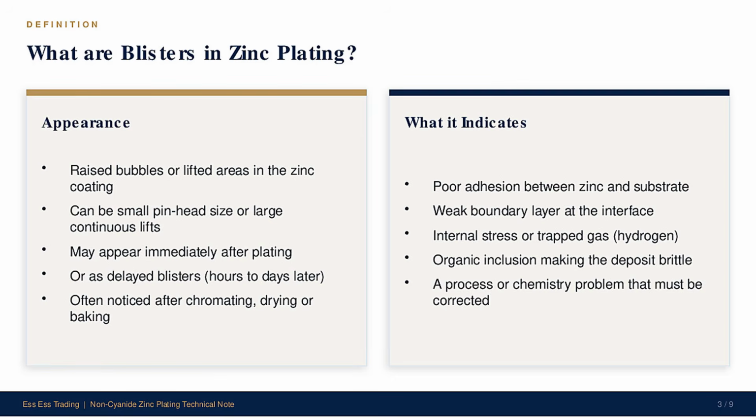What this tells us is that blisters indicate poor adhesion between the zinc and the substrate, weak boundary layers, internal stresses, or trapped gases like hydrogen, or organic inclusions that make the deposit brittle. Ultimately, they signal a process or chemistry issue that needs correction.